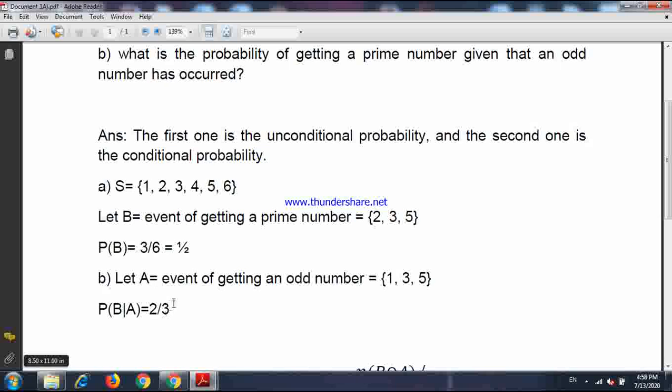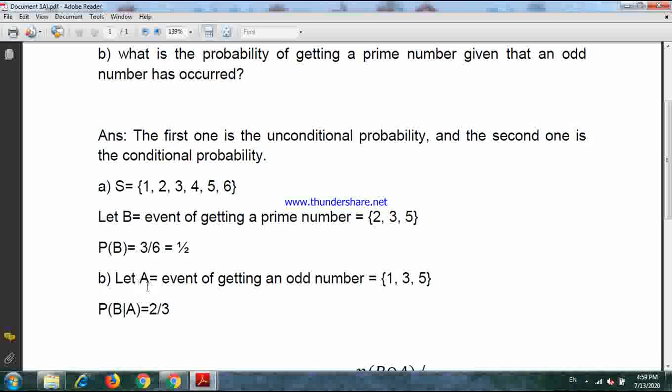So here the sample space is reduced to A. In this conditional probability, the original sample space S has been reduced to A. So A is the new sample space. So we write P(B given A) equals 2 by 3. That means the probability of getting a prime number out of the odd numbers.